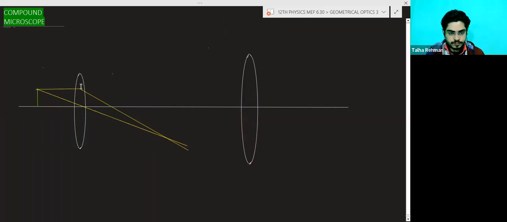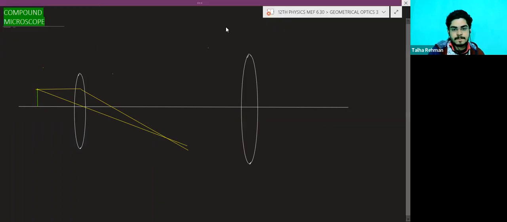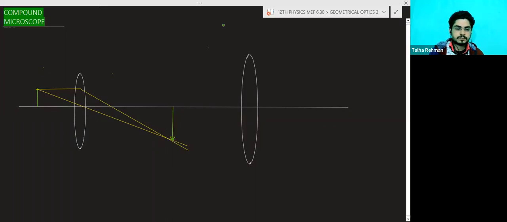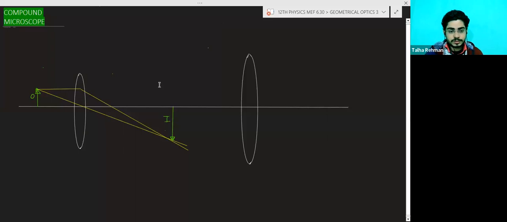With respect to the objective lens, the image is formed here. This is the object that you want to see, and this is the image formed by the objective lens.